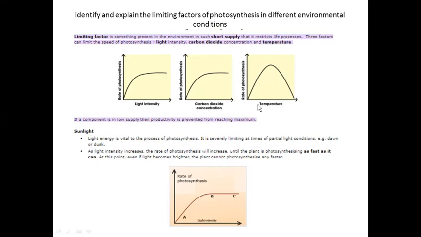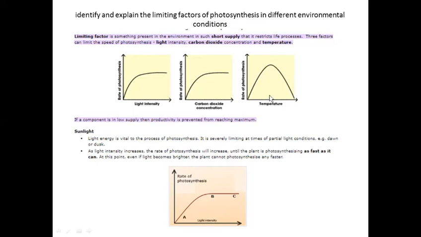So this can only be seen in the case of temperature. In the beginning, when the temperature increases, the rate of photosynthesis also increases. And this one, for example, is the optimum temperature at which the enzyme works best.